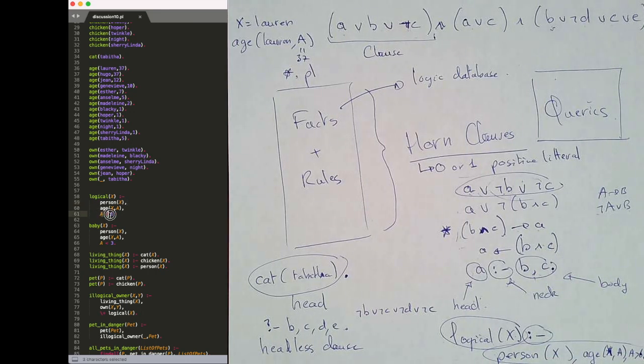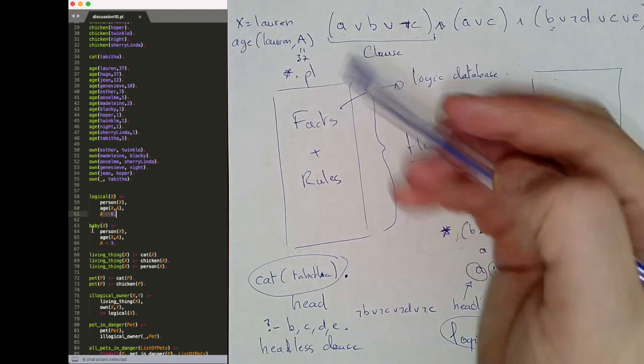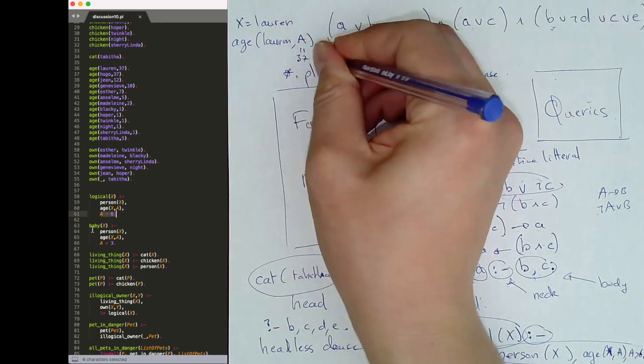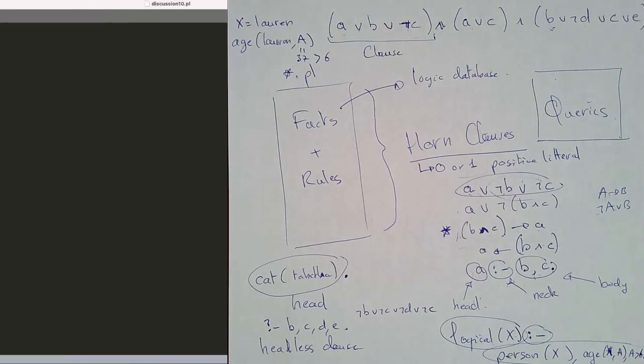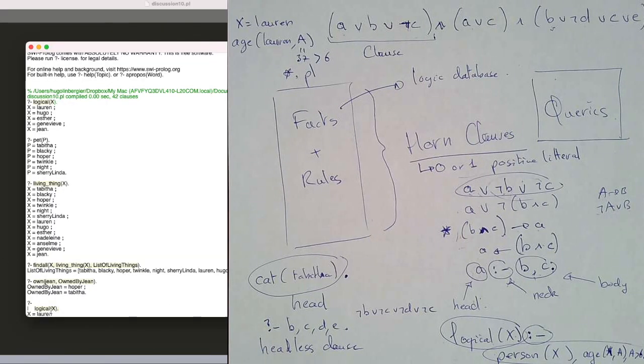So A greater than 6 has to be satisfied. It's the case, 37 is greater than 6. So the third goal is satisfied. So the overall goal is now satisfied. And because it was my goal, X equals Lauren is now offered as an option.